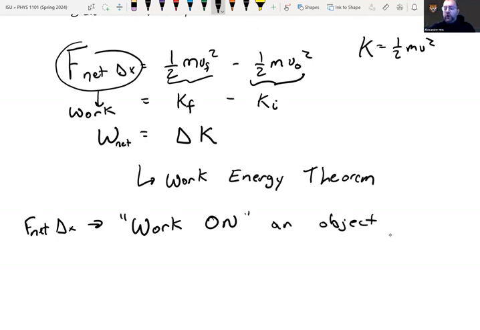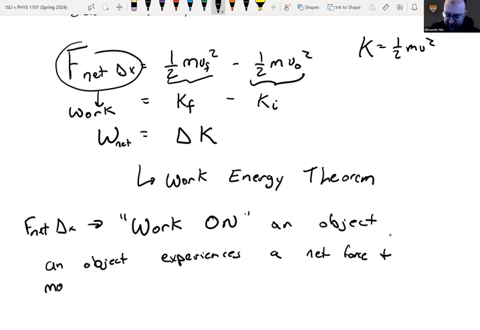Okay, so work on an object, basically what I mean by that is that an object experiences a net force and moves in the same line as that net force.